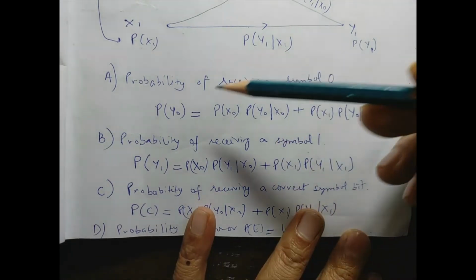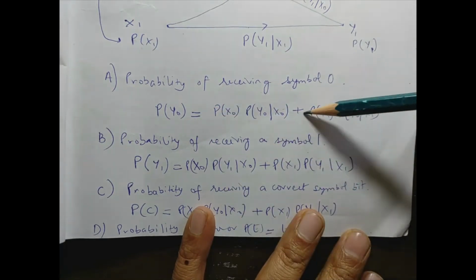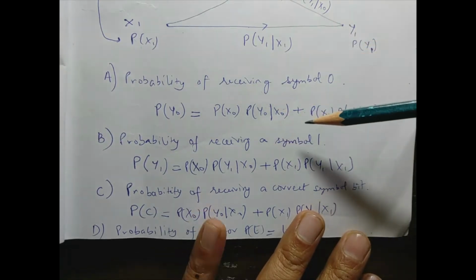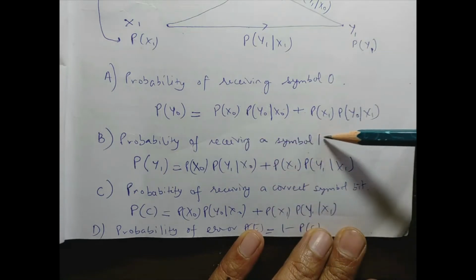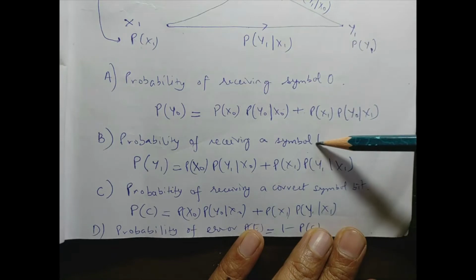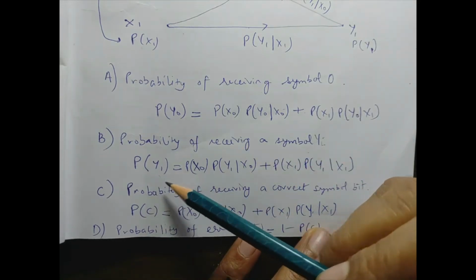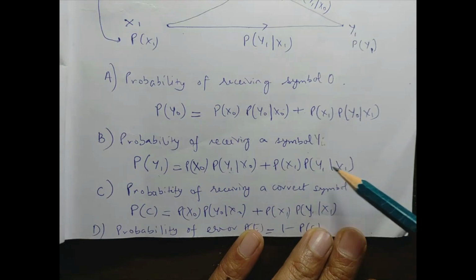If you want y0, it can be due to this x0 or x1; they need to sum up, they happen individually, as independent events. Then the probability of receiving a symbol, say any y, is given by receiving that due to this one, and receiving it again due to that one.